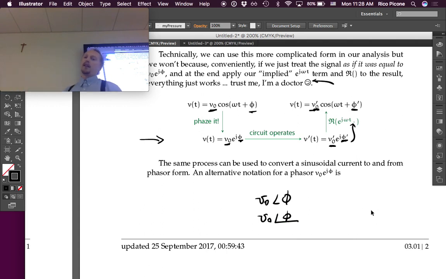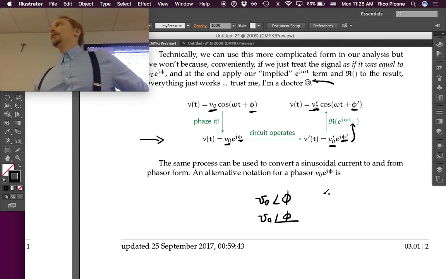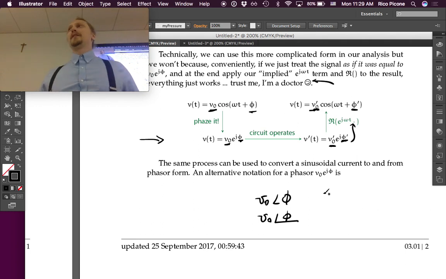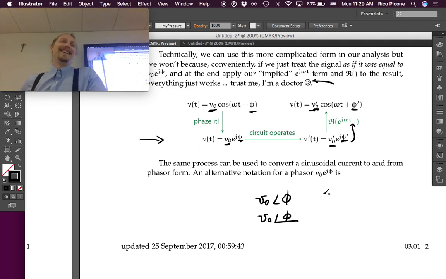So that form is also used. You'll see it show up if you Google what are phasors after this lecture. And you're going to see this, and in my view, the exponential form is superior.